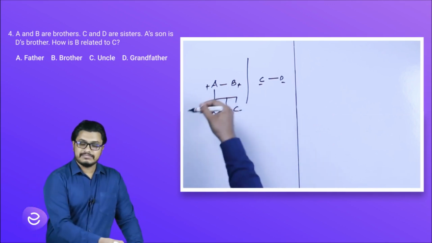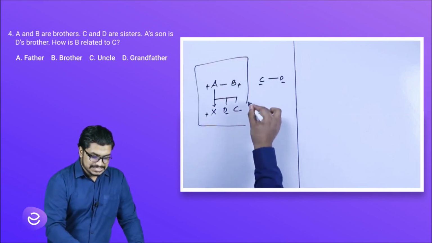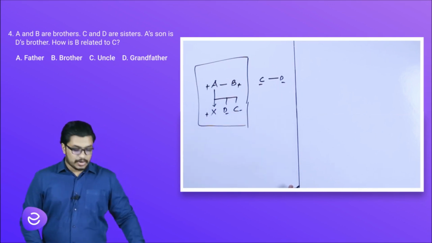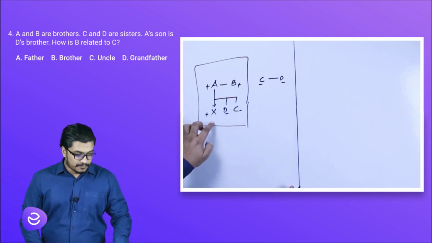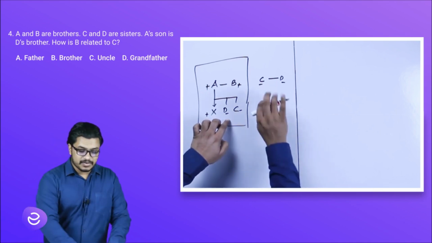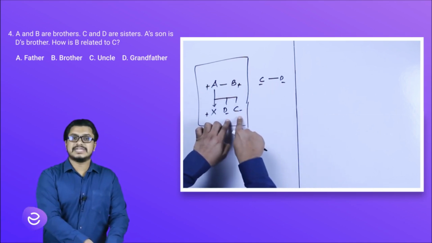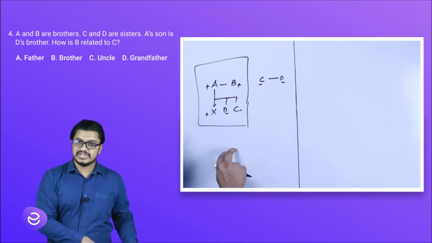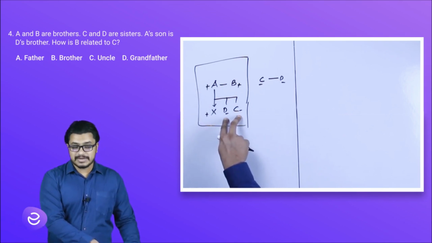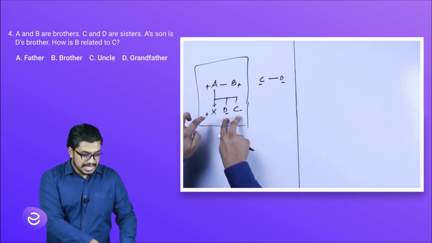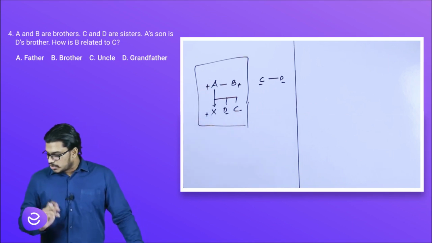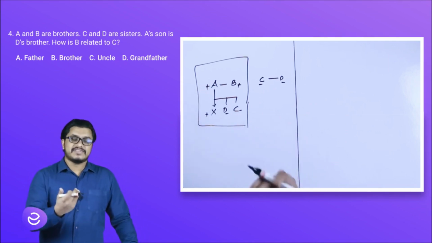With this diagram we can see that A has 3 children: one is X, one is D, and we know that D and C are sisters, so the third child is C. So A has 3 children, D and C are female, that means D and C are A's daughters, and X is A's son. Now the question is, how is B related to C?